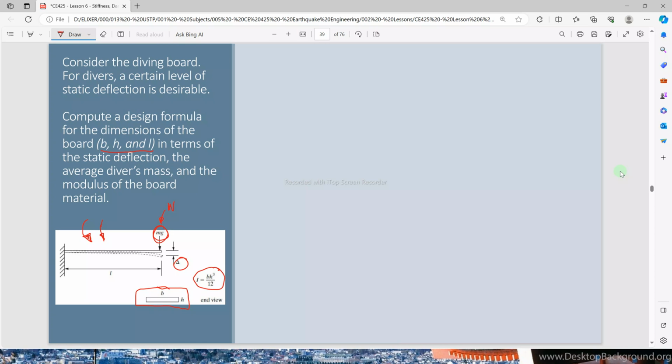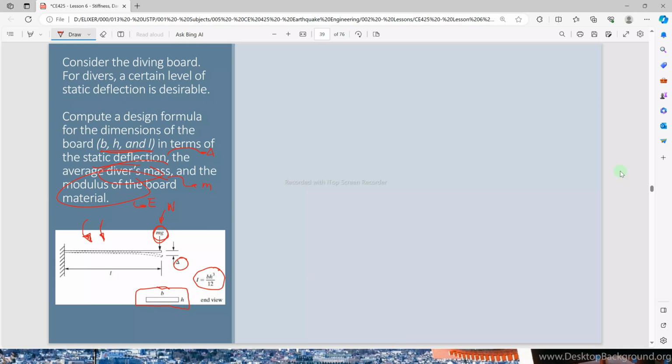So I will derive an equation for the base, height, and length in terms of the static deflection delta, the average diver's mass M, and the modulus of the board material, E.